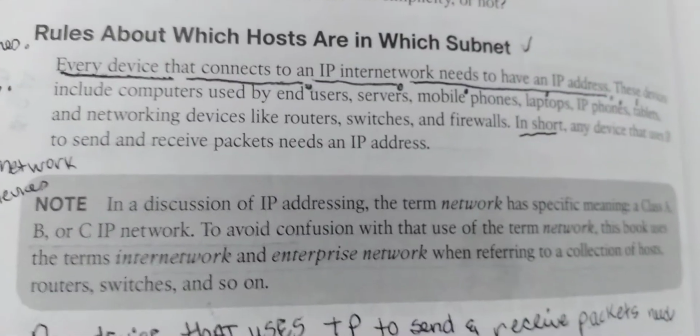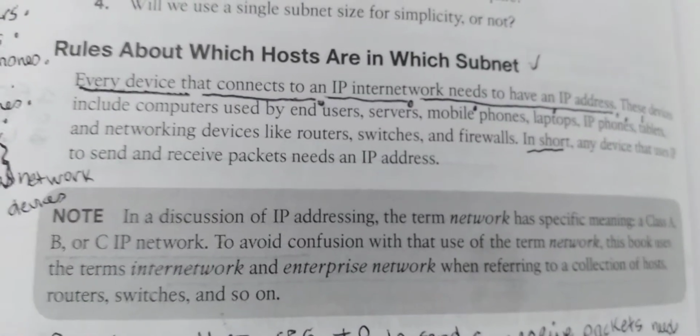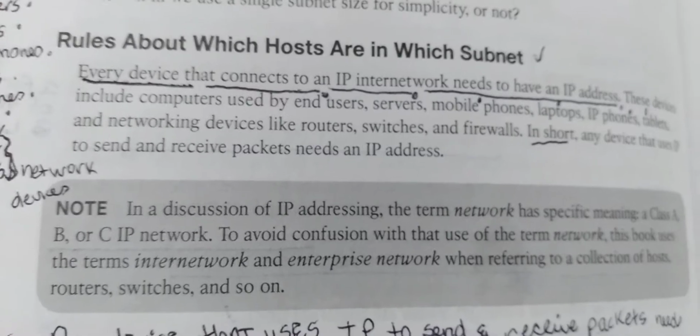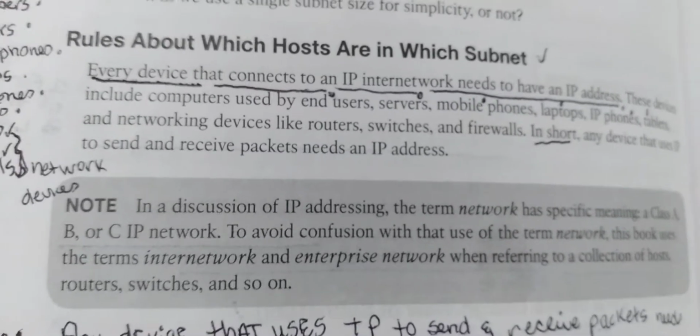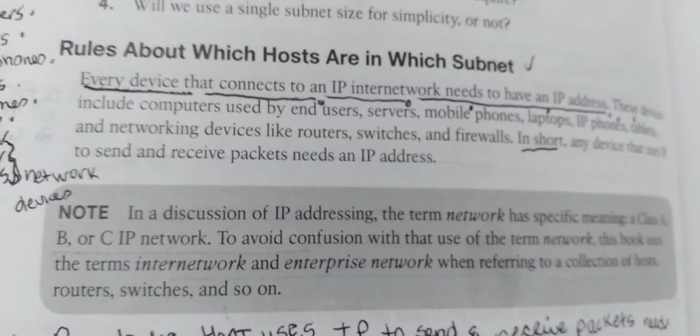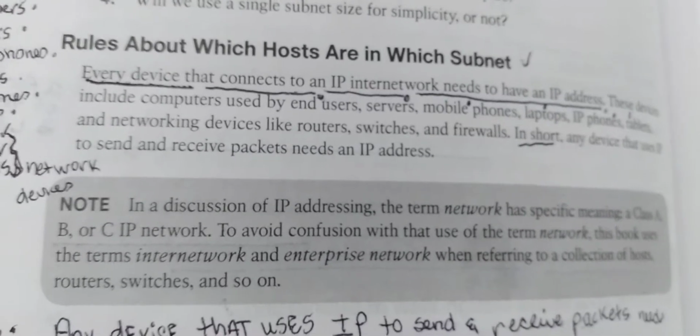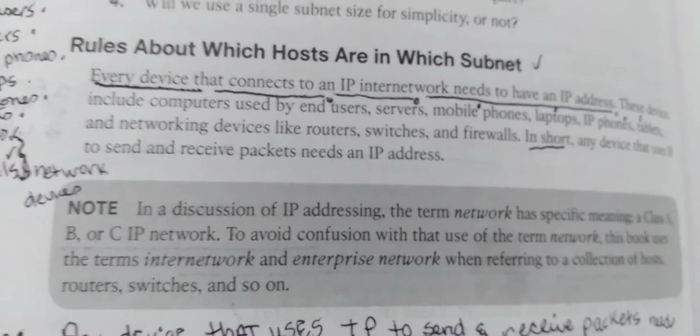So tonight we will be discussing rules about which hosts are in which subnet. Now, every device that connects to an IP internet network needs to have an IP address.